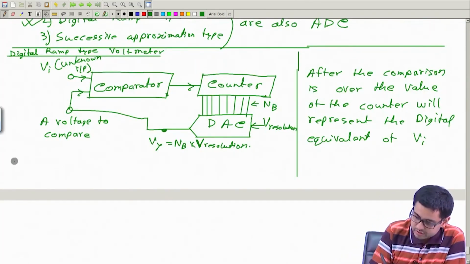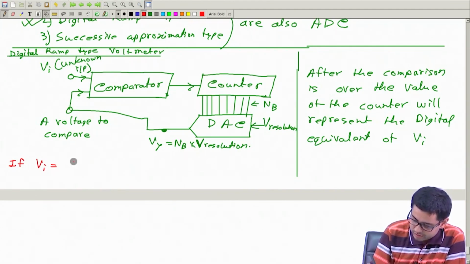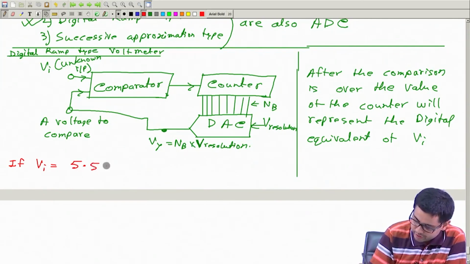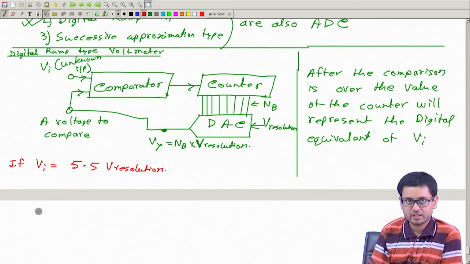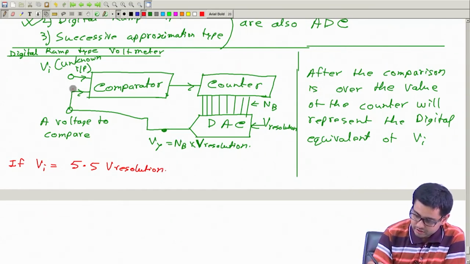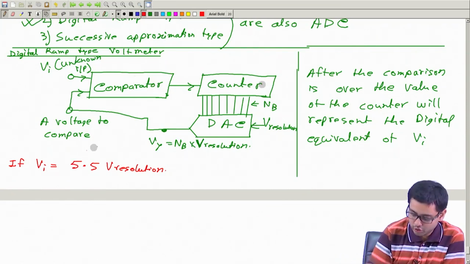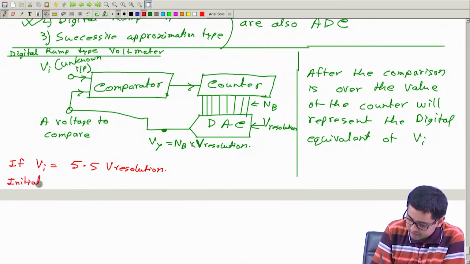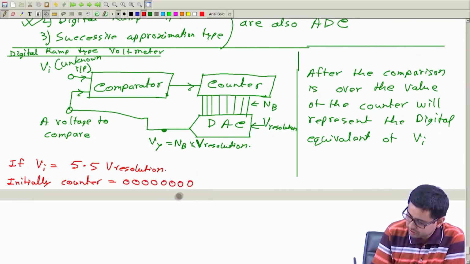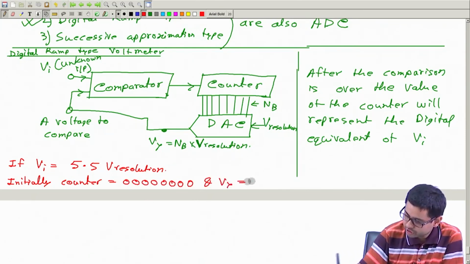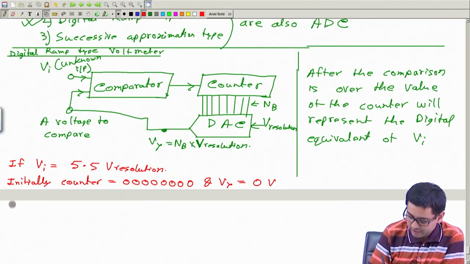Say Vi is equal to 5.5 times V resolution. When this measurement is starting, all the counter values are initially 0. So initially the counter is 0, 0, 0, 0, 0, 0, 0, 0, and Vy is therefore also equal to 0 volt.